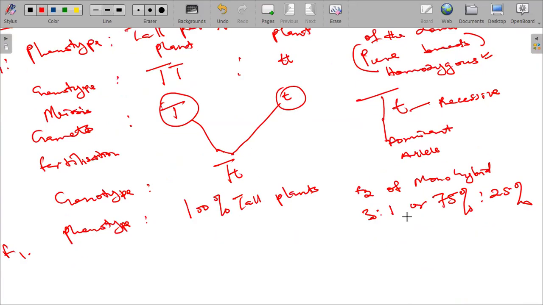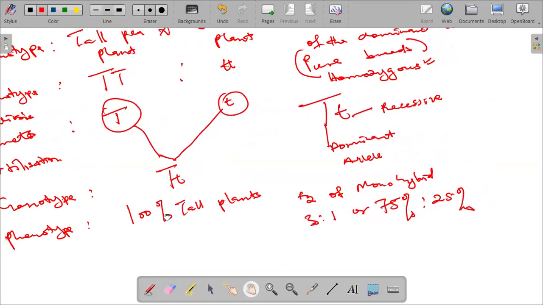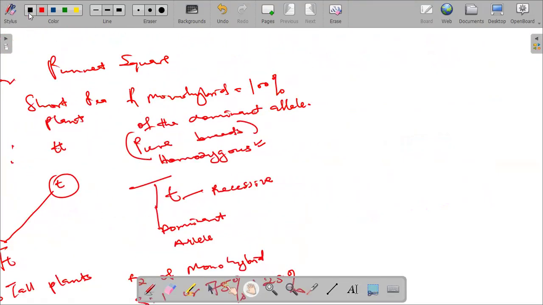Having said this, let me explain to some of you who do not understand: where are we getting the F2 generation? How do we get F2?